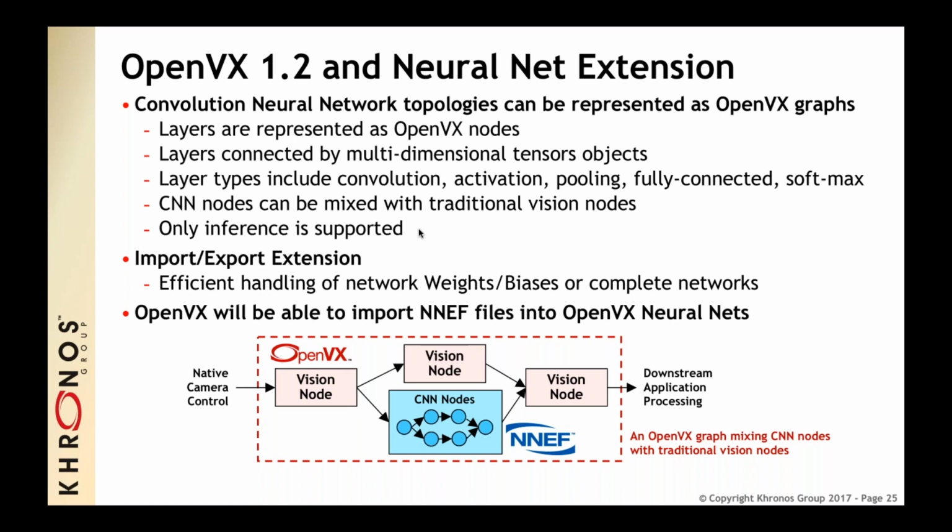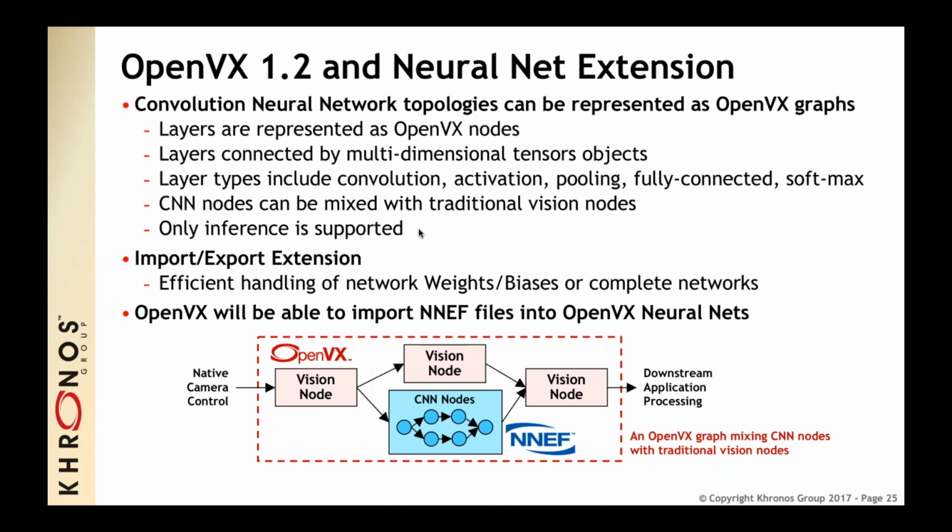As I said, we just put CNN layers as actually OpenVX nodes. So going from one to another was very easy. But we needed to add what we call a multi-dimension tensor object between them, and not the images we did. So we added those tensors. And of course, we added all the layers: convolution, activation, pooling, fully connected, softmax.